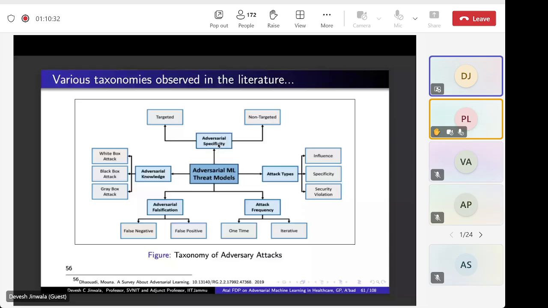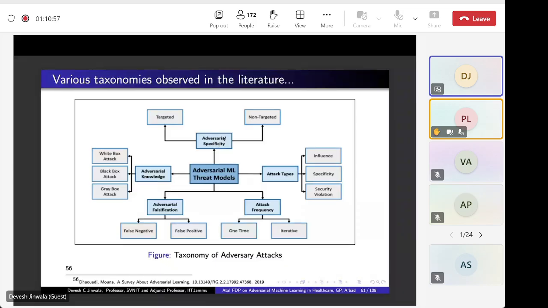I gave an example of a targeted attack some time back. I said that a red sign would be detected as a panda, so a specific target of the adversary. The adversary is not simply wanting my self-driven car system to fail. He wants the self-driven car to fail in a particular manner. That is what is targeted.